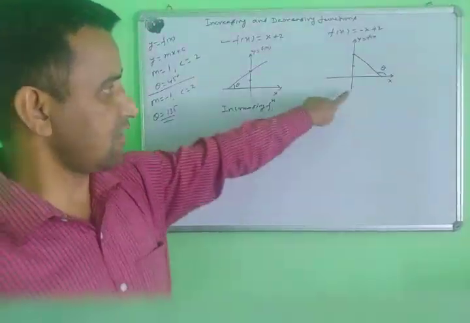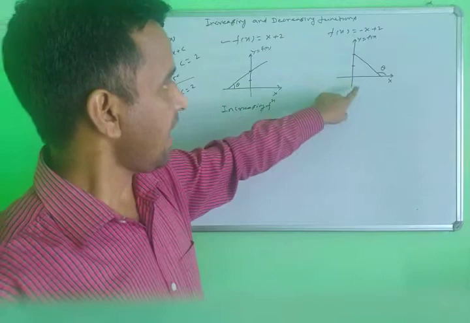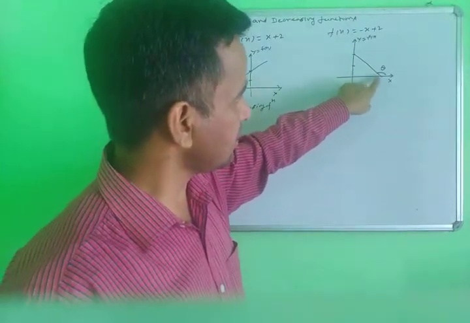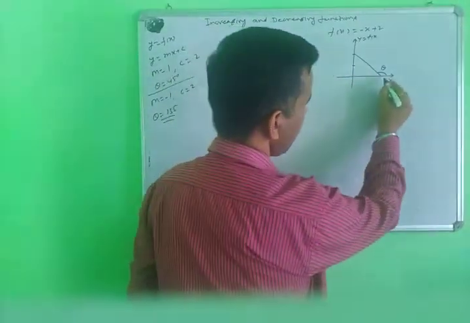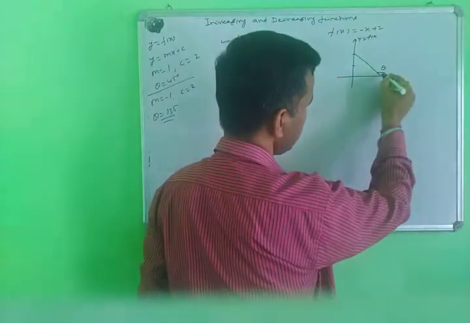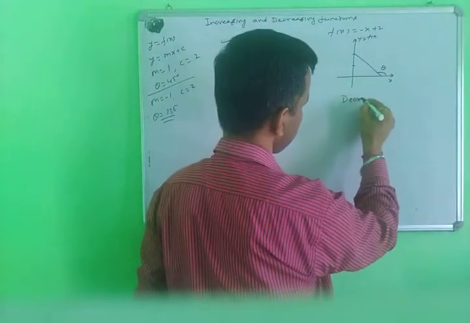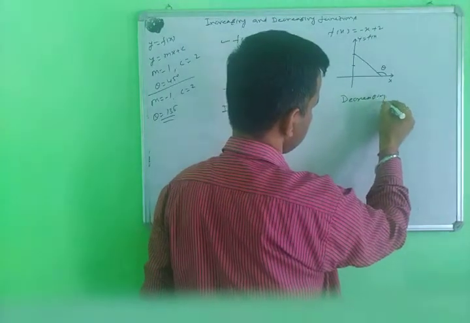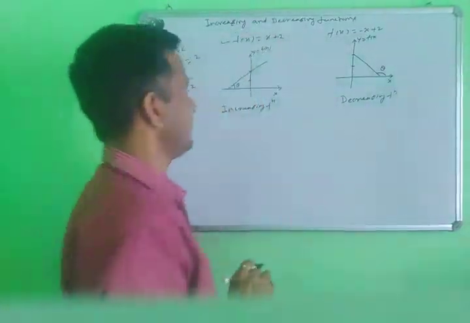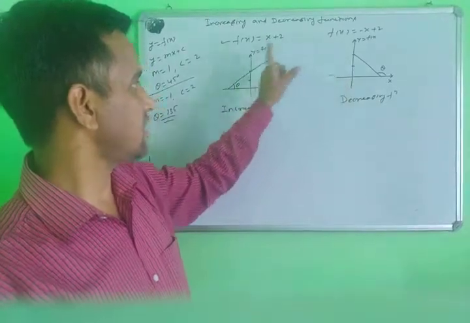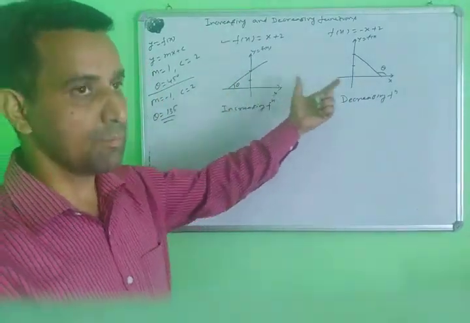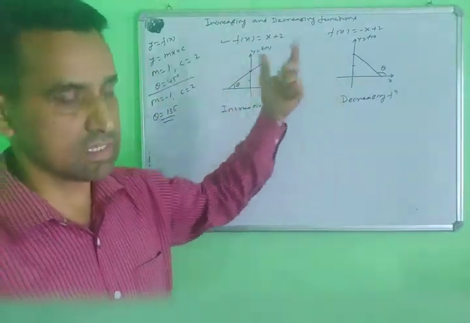And look at this graph: when x is increasing, y is decreasing. So the name of this graph is a decreasing function. This is the decreasing function, and this is the increasing function. So that is the very simple meaning of increasing and decreasing.